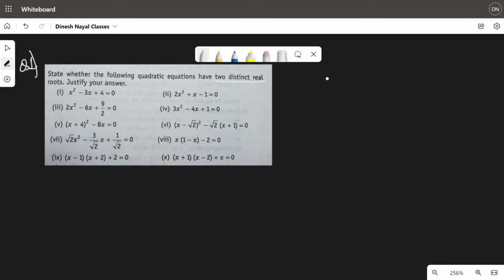So first of all, we should discuss if the quadratic equation is ax square plus bx plus c equals 0, and we know that the discriminant D equals b square minus 4ac. The nature of roots depends upon this discriminant. If D is greater than 0, then the roots are real and distinct.